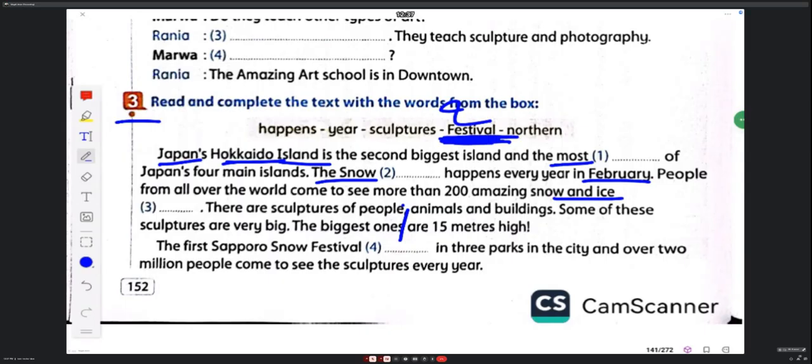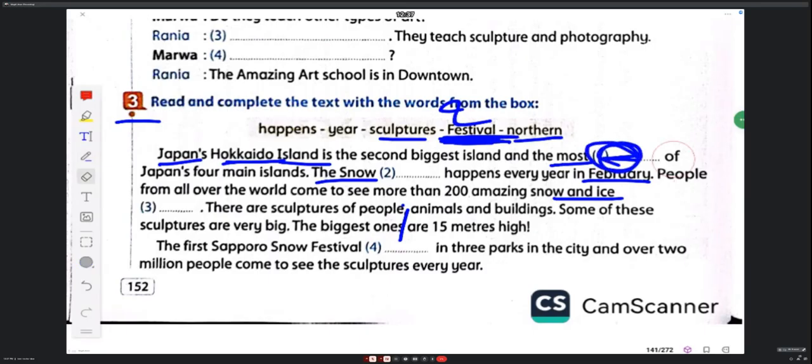Number one, maybe it would be Northern. Yeah, because they said the biggest island. No, because when I went to page 141, I saw Hokkaido is Japan's biggest island and the most famous of Japan's four main islands.